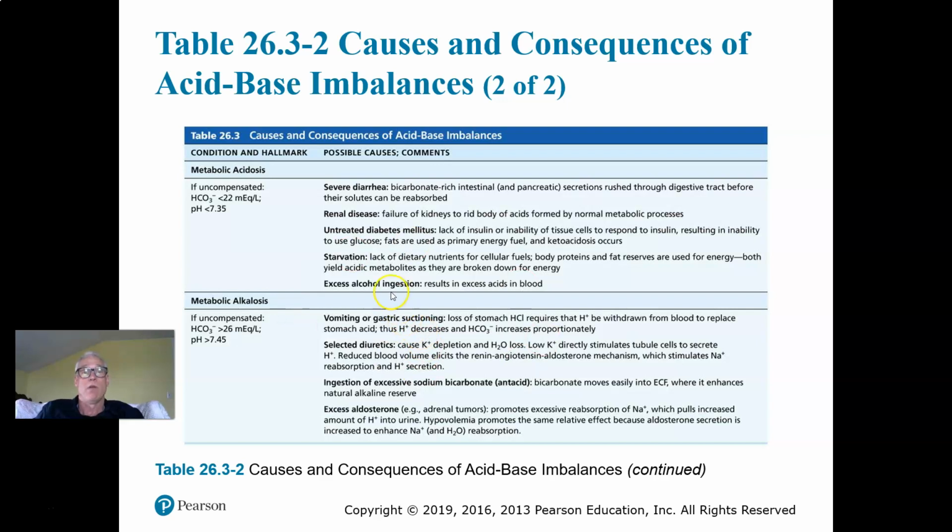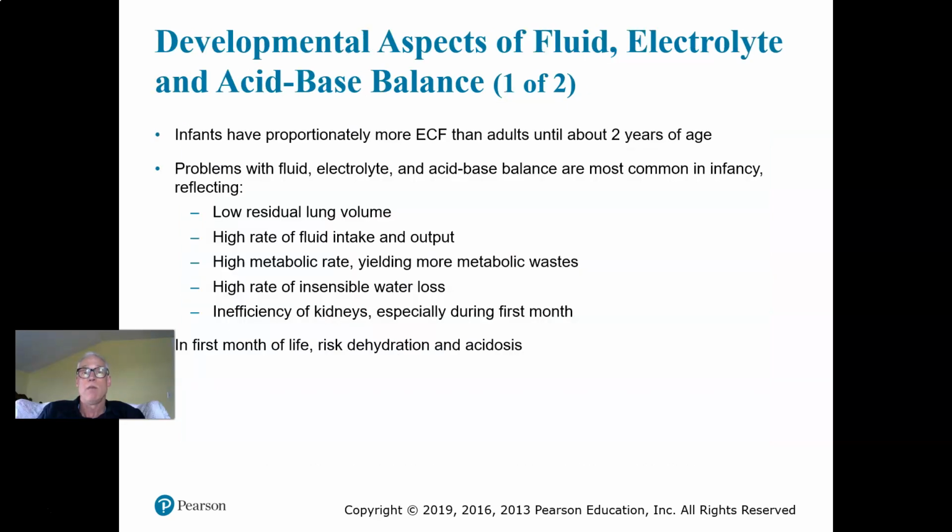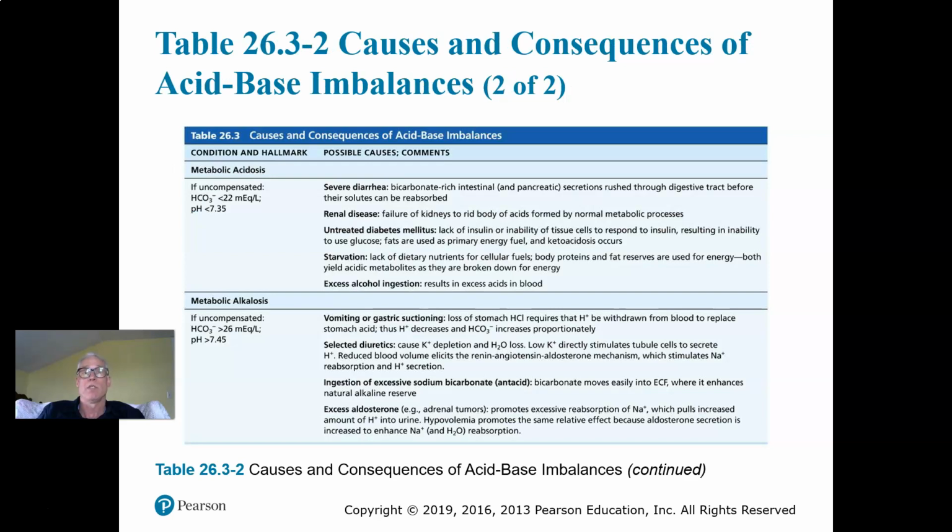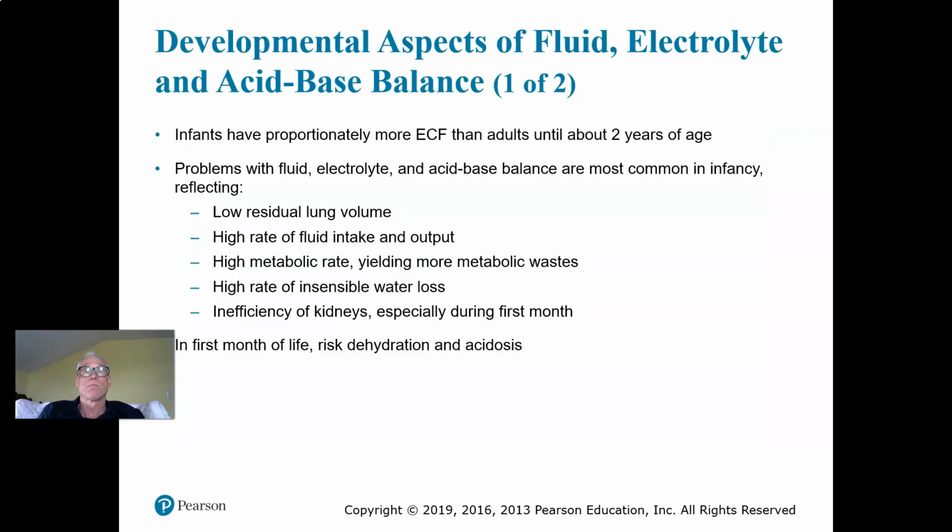All of the information about alkalosis and acidosis cases that we just talked about is summed up in this table here. You can use that as a nice review to keep track of what causes each of those types of imbalances.